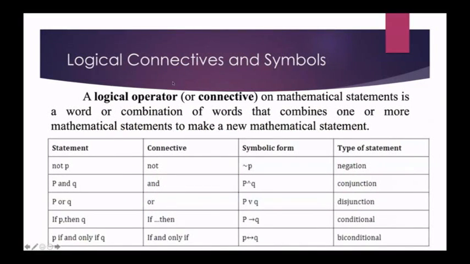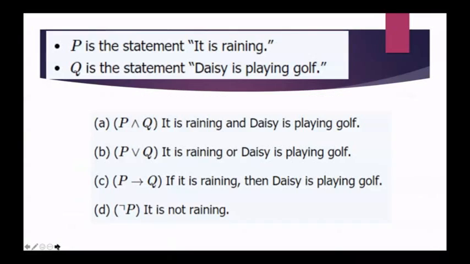Operator. Yes, you can also call it an operator. So if you see the symbol and you know the meaning of P and Q, you know the meaning of this compound statement, because these are simple statements. You combine the two using this logical connective, which is called the and, or the caret symbol. So it's raining and Daisy is playing golf.